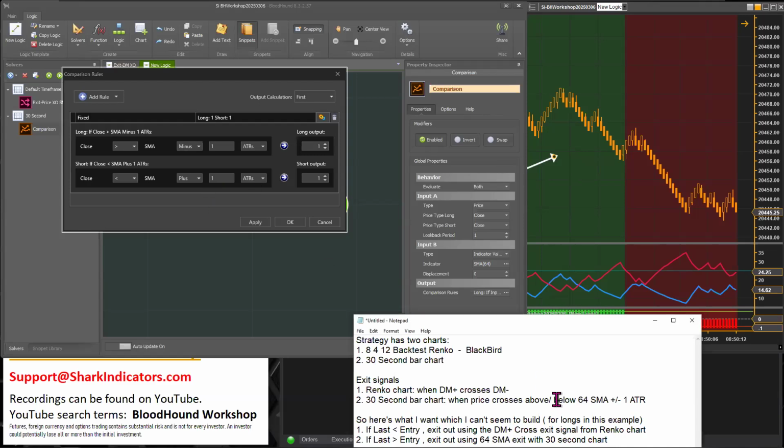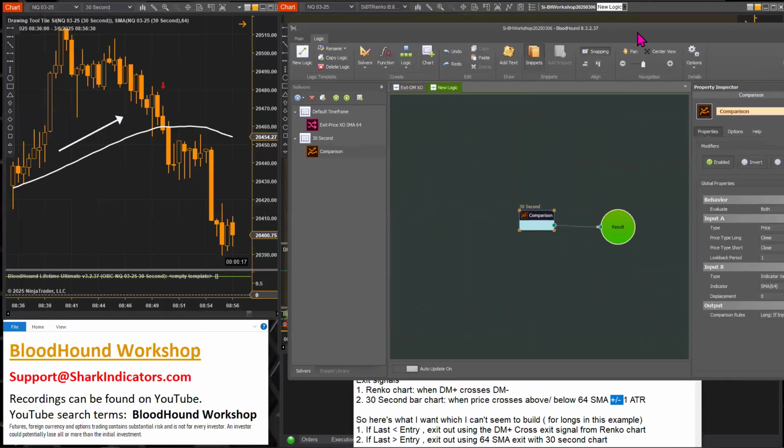I don't know exactly whether we're adding or subtracting here, but you can obviously change these. If we're adding 1 ATR to the SMA, that'll produce an exit signal a lot sooner. Let's take a look.